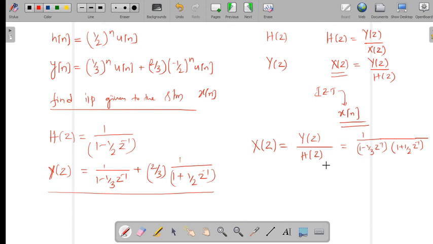Try to do this one, and you will get 1 plus half z inverse plus 2 by 3 minus 2 by 6 z inverse. This is divided by h of z, that is 1 over 1 minus half z inverse.